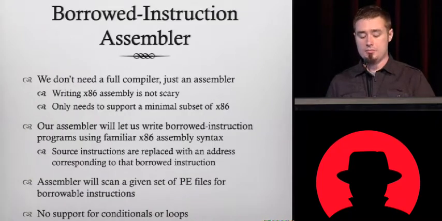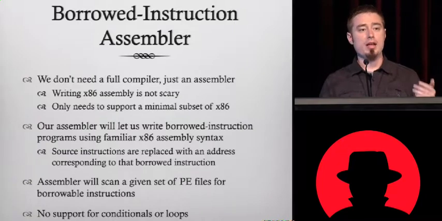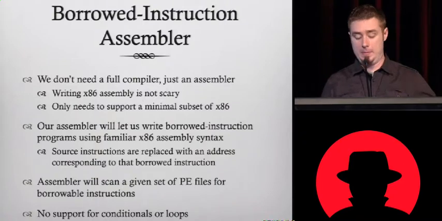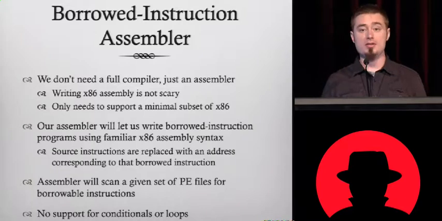So again, this is just an assembler, and what it lets me do is write a borrowed instruction program with just assembly mnemonics that are found in the existing program. How it's going to work is, first I run a scanner on a variety of code modules. These will be the DLLs that I know are loaded at a certain place, or DLLs that are just available.